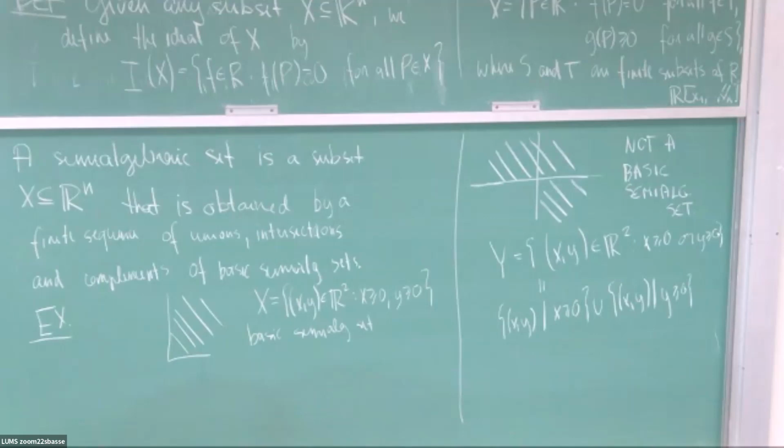Now, theorem, also known as Tarski-Seidenberg. The image of a semi-algebraic set under a polynomial map is semi-algebraic.